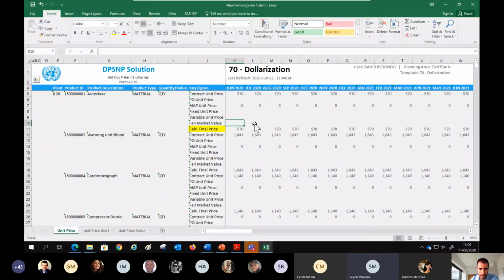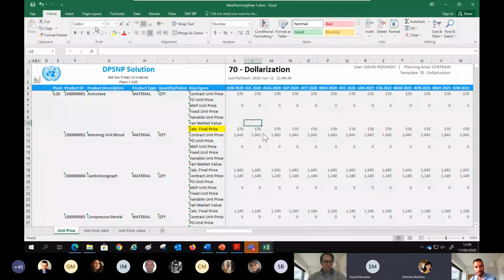Yeah, this was my understanding as well, right? But yes, that is right. We know that our data is not in its best form right now. Eventually, we are working with PD to clean up some of this data. But yes, to answer your question, if the planner feels none of those prices reflect the actual value of the item, yes, the planner can update it.